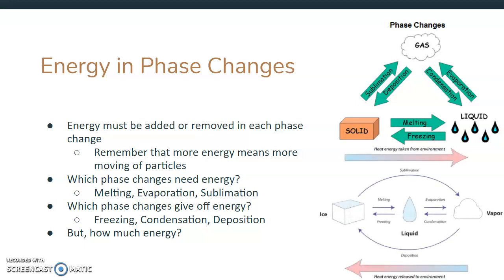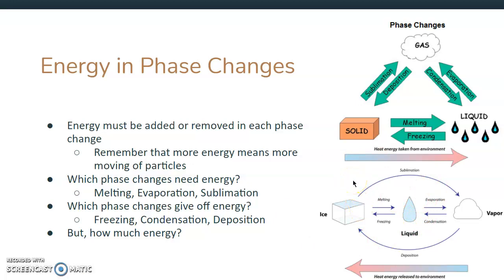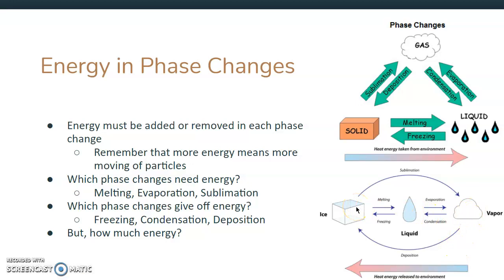We will learn more about that, but we see this good little picture. I like to show this because it says heat taken from the environment. So anytime heat is taken from the environment, for example, ice going to liquid, maybe the sun is melting it, and liquid going to vapor, and then heat released to the environment is the exact opposite. So just another way to think about it.